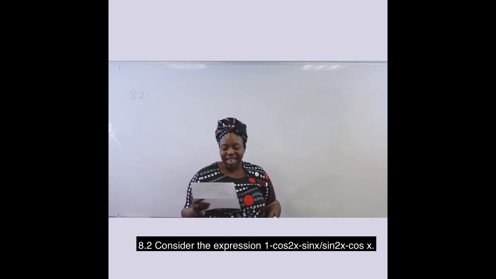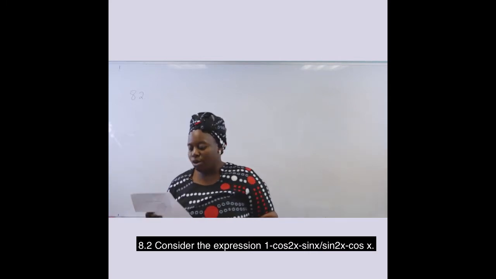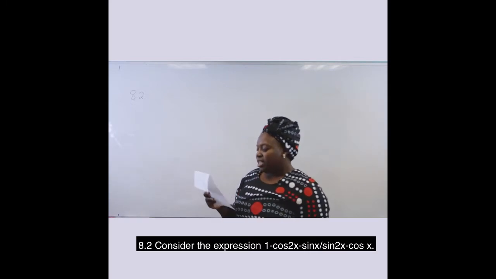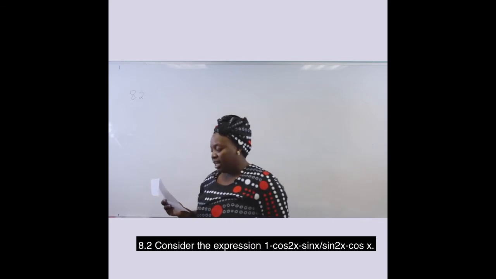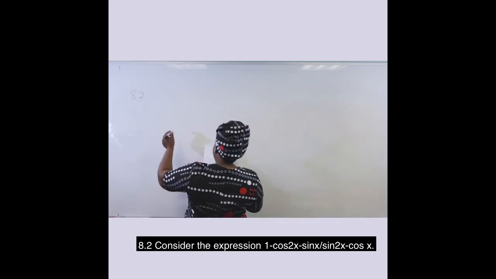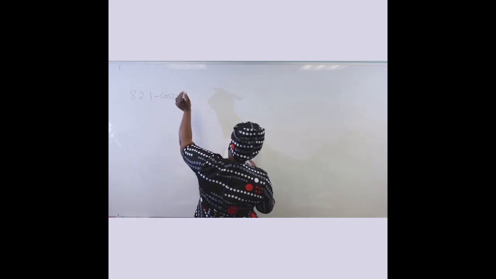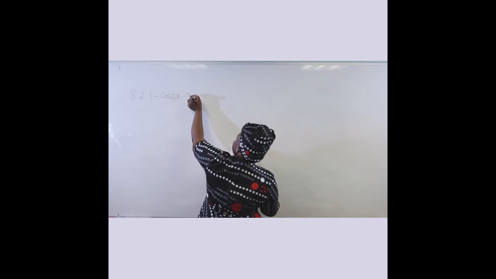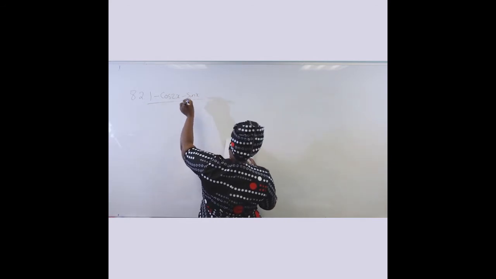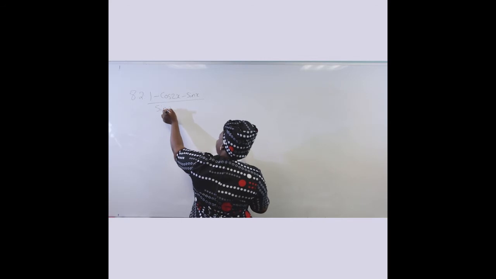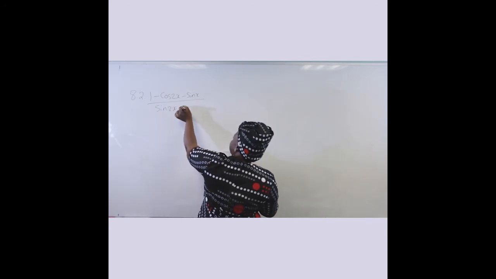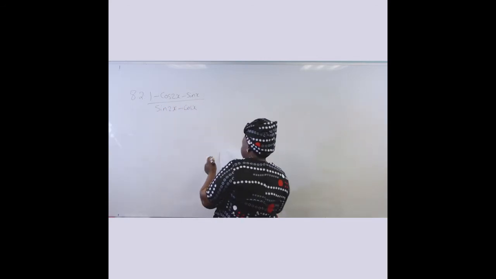So in 8.2 we're saying, given an expression, consider this expression: 1 minus cos 2x minus sine x divided by sine 2x minus cos x. After being given that expression, we must prove something on it. This is the expression, 1 minus cos 2x minus sine x divided by sine 2x minus cos x.